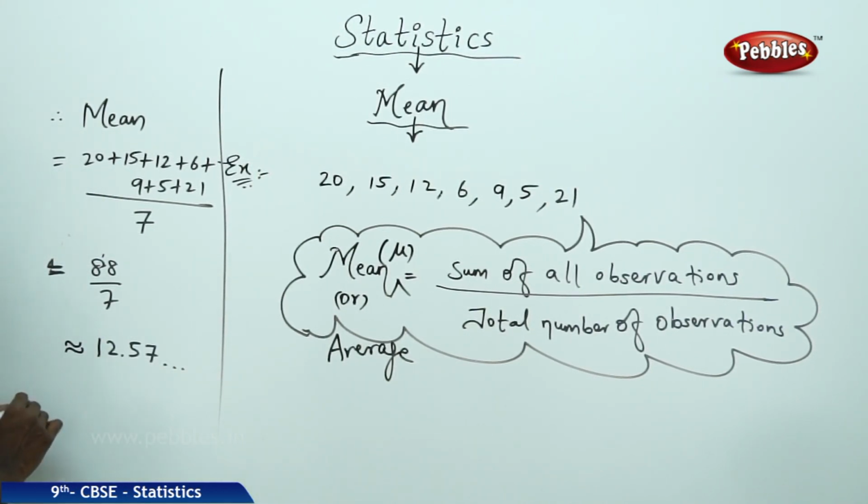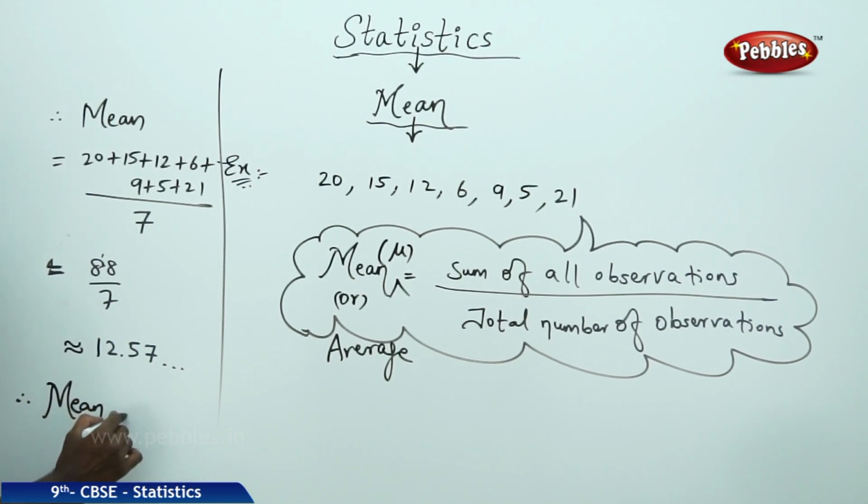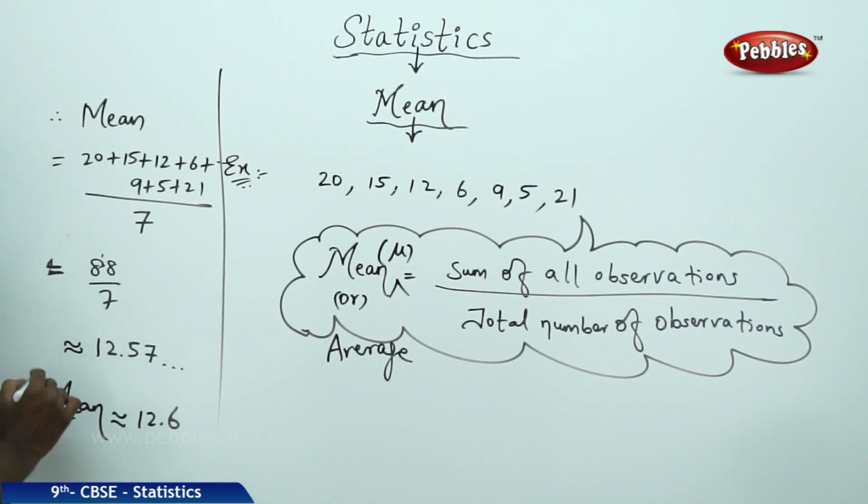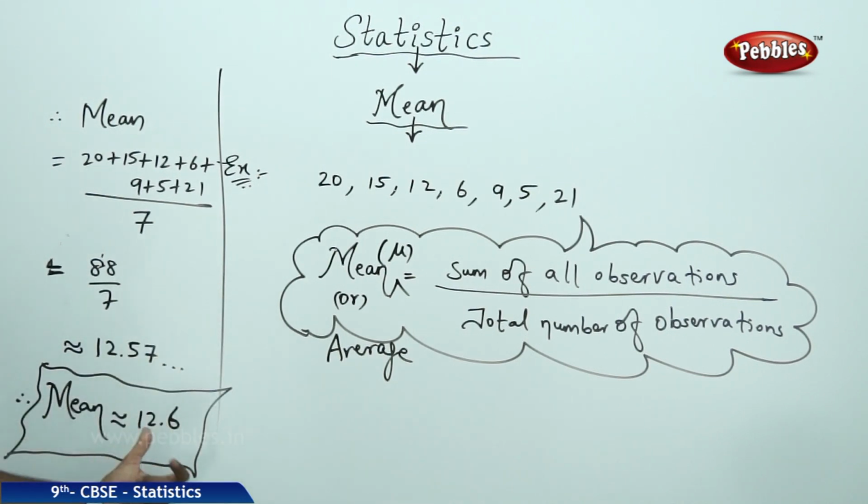So here, therefore, the mean of the given scores is approximately 12.6 or 13.